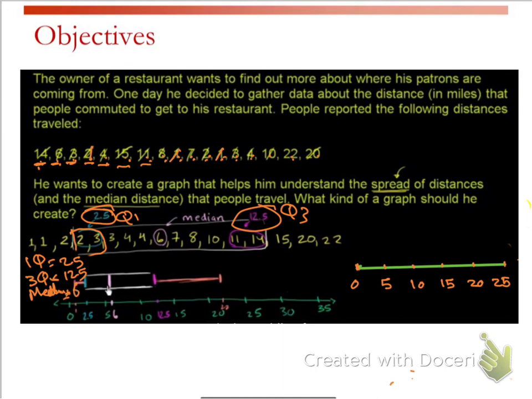I come here at 2.5, which is almost the middle of this one, and this one we can say 12.5 here. So I can come above the 2.5 and draw a line, and above 12.5 draw a line.